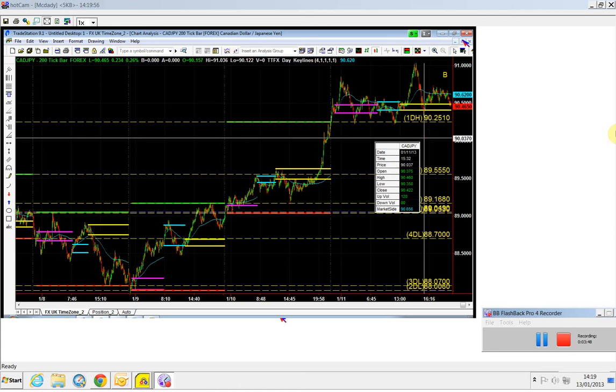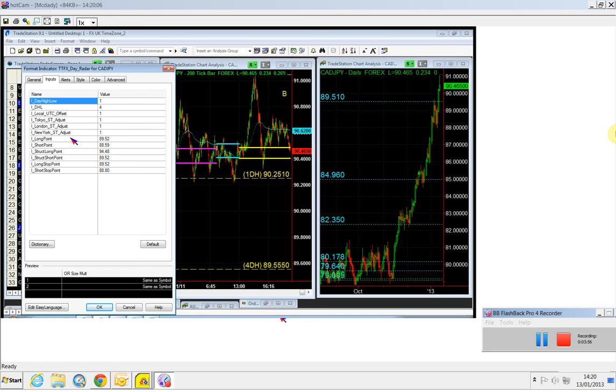So I'm buying it at 90.80, and my stop is going to be, let's say, 90.25, and my structure long point is right there.